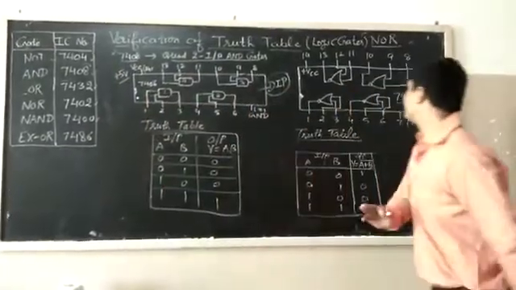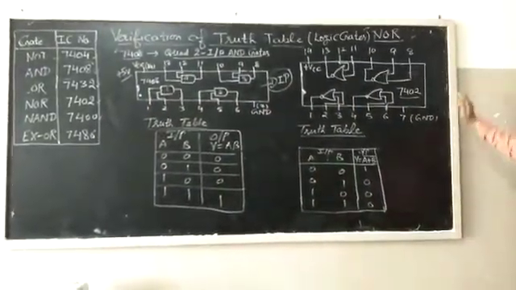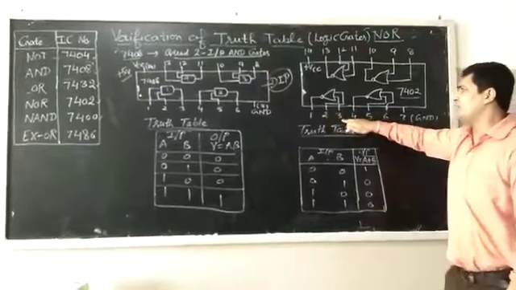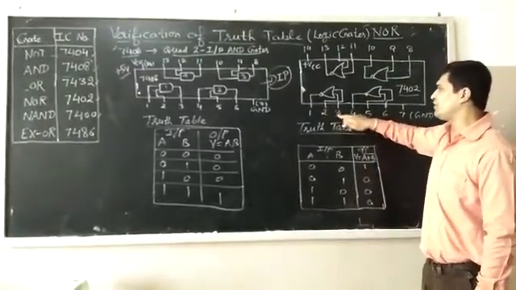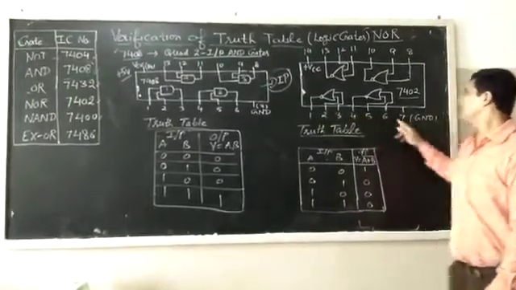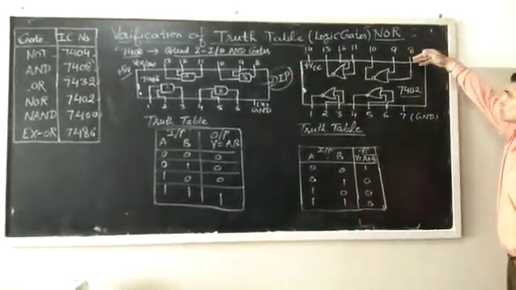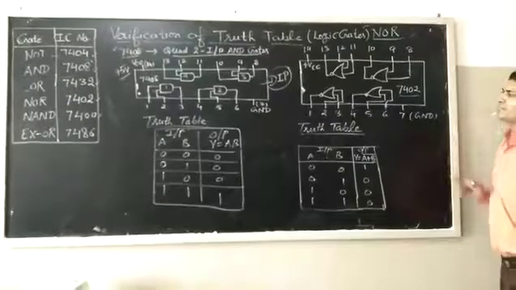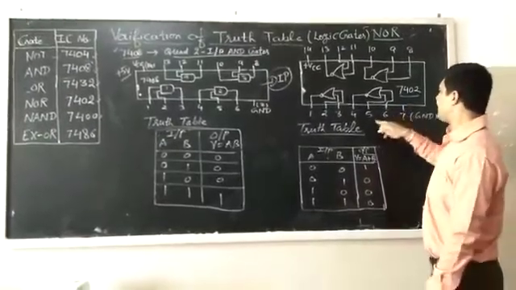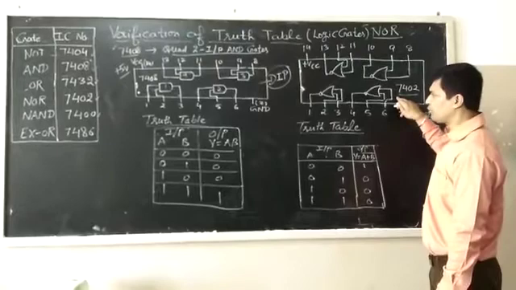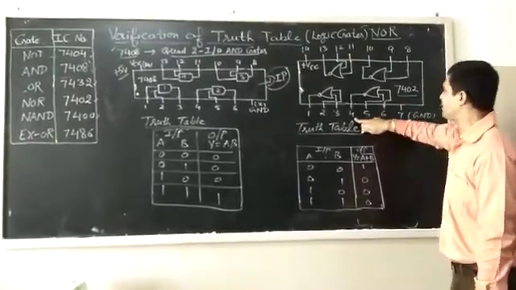For the NOR gate, here input has been applied over terminals 2 and 3, output is taken across 1. Identical to this, it also contains 4 NOR gates. At pin numbers 5 and 6 input is applied, output is taken across terminal number 4.